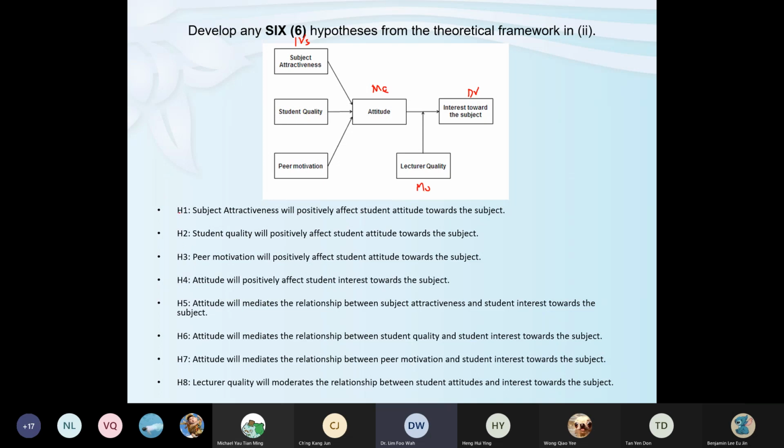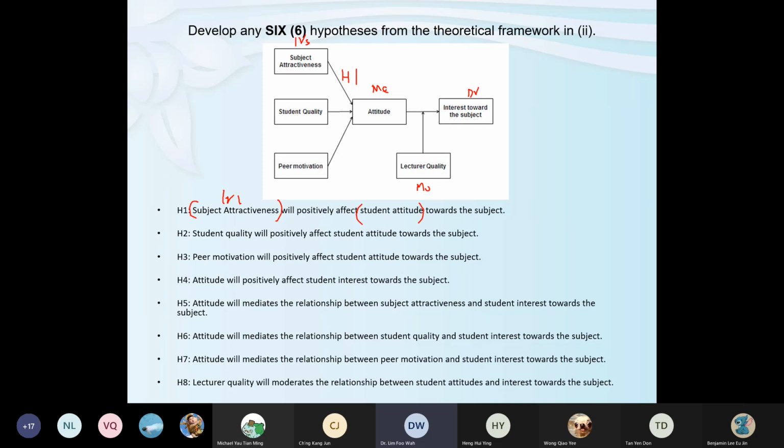So over here, hypothesis 1: subject attractiveness, IV1, will positively affect student attitude toward the subject. Right, the outcome.